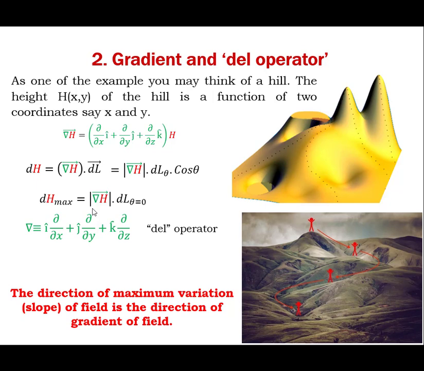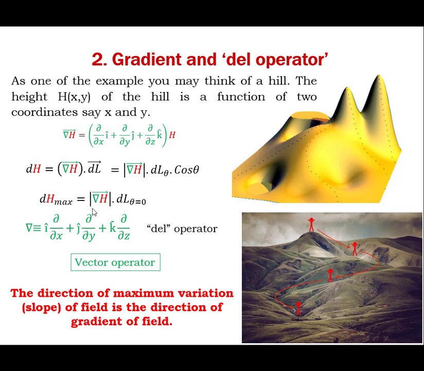Can you see? So it cannot be a vector at all as there is no magnitude, but it is an instruction to be applied on a scalar function or field to provide the gradient of that field. Thus it is called a vector operator.